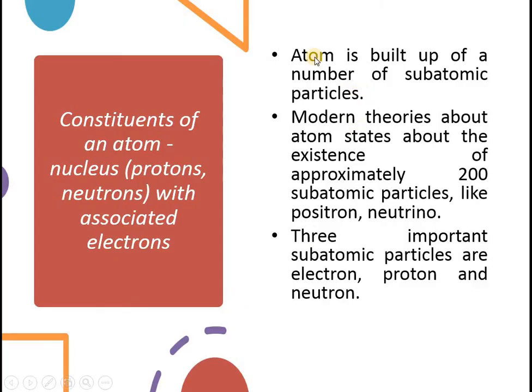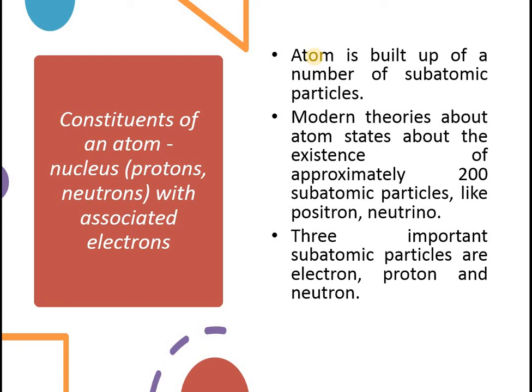So an atom is built up of a number of subatomic particles. Modern theory says that about 200 subatomic particles like positron, neutrino, etc. are present. But out of these, three important subatomic particles are electron, proton and neutron.